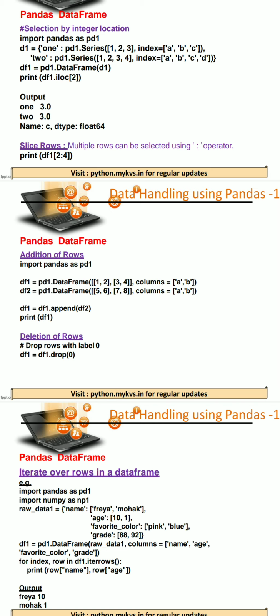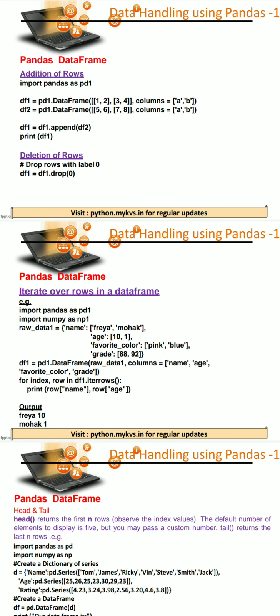So if we want to remove the first row, in that case we will mention 0, and if we display the value of df1 now, it should display the data frame without the first row's data. It means df1 is changed.